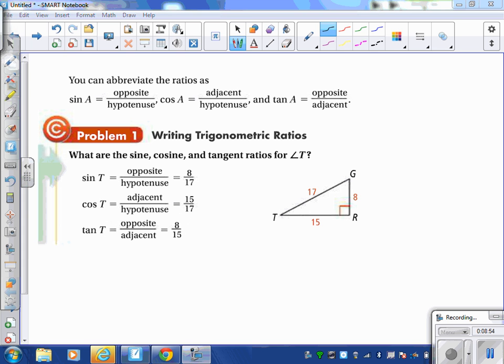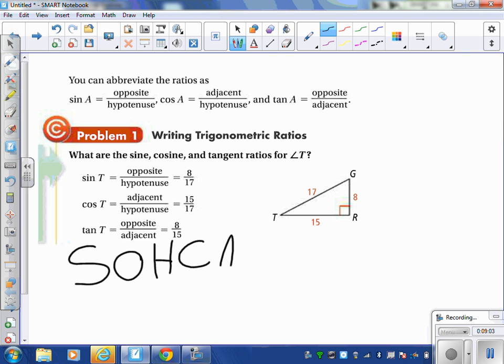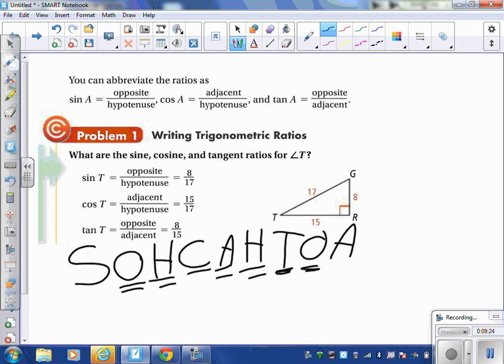Just to remind you again, a big bad monster of SOH-CAH-TOA. Okay? So again, sine is opposite over hypotenuse. Cosine is adjacent over hypotenuse. And tangent is opposite over adjacent.